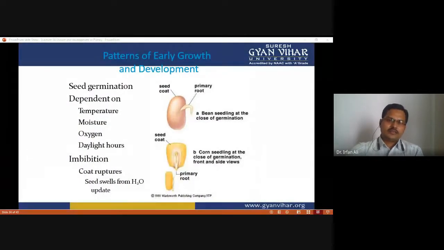And this figure shows the pattern of early growth and development, in which seed germination depends on the temperature, moisture, oxygen, and daylight hours, and imbibition, like coat rupture, where the seed swells from water uptake. So these are the various patterns of early growth and development in seed germination.